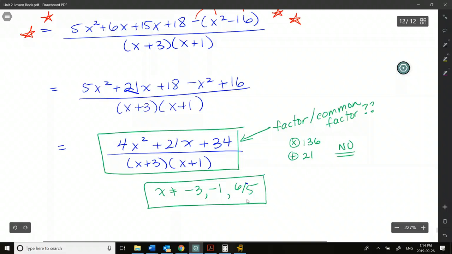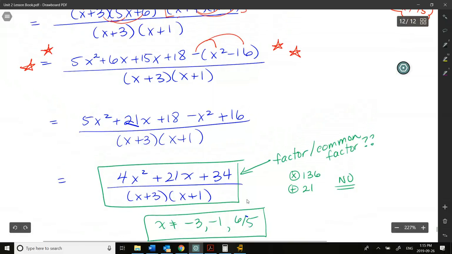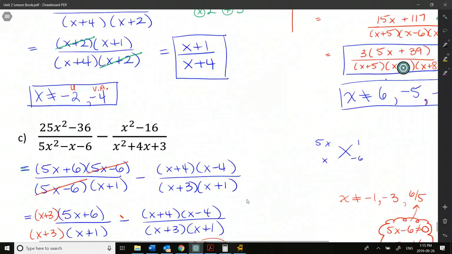Okay, can somebody tell me what the major difference is between when I add rational expressions and when I subtract them? What's the one thing that's different about this, Luke? I need a common denominator for both, so that's a similarity. Alex? When you subtract, you have to apply the negative sign to everything inside of the expanded FOIL bracket. In the second part, right? This is the major difference. I don't have to do that with addition.